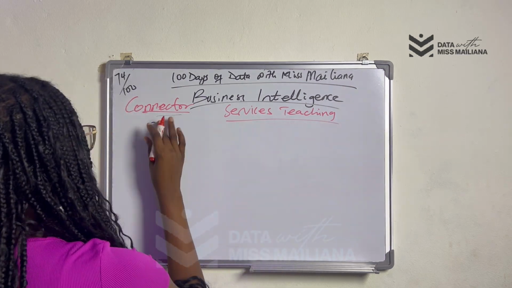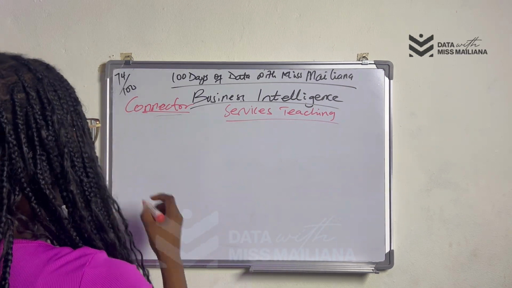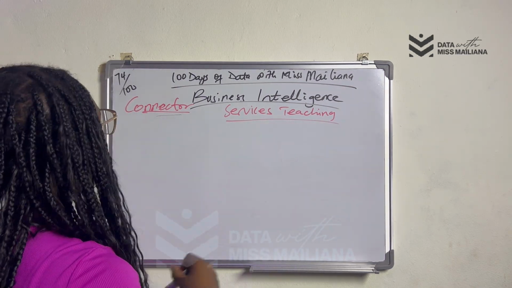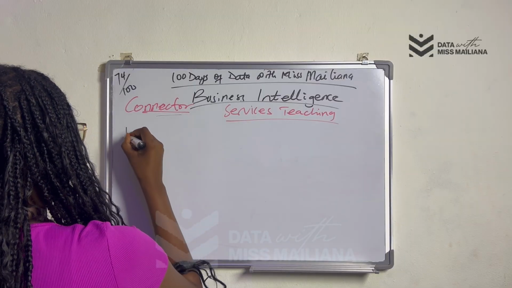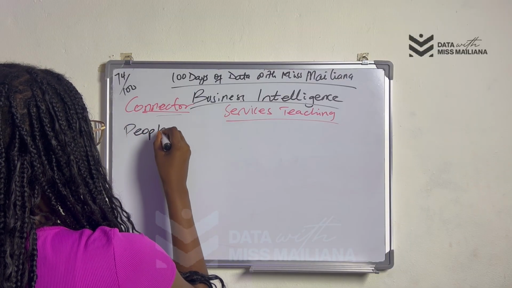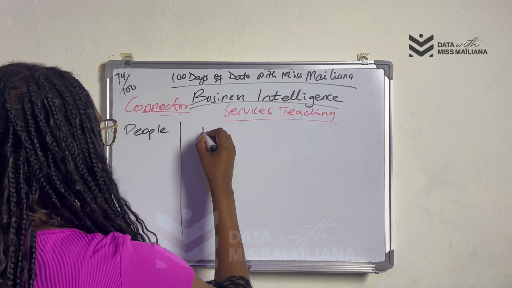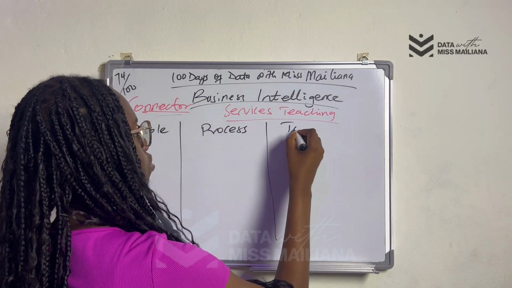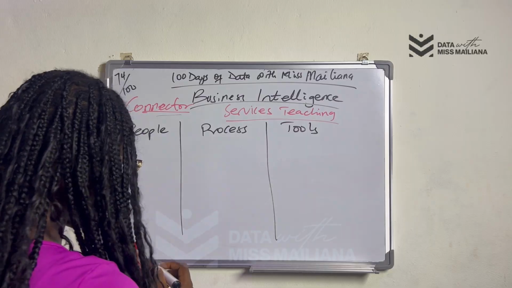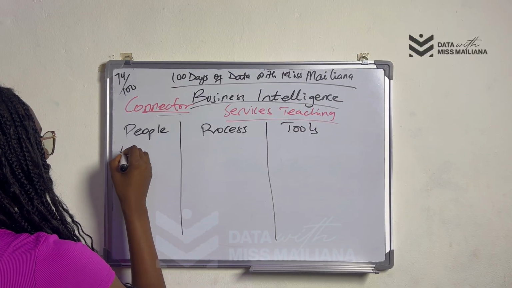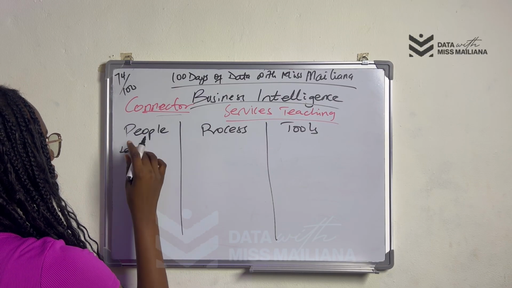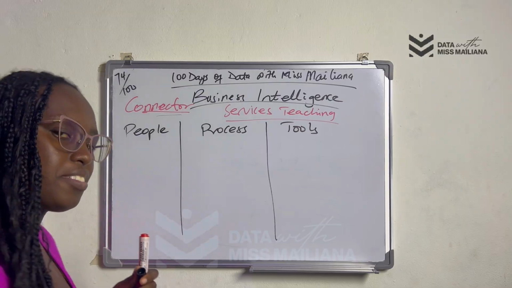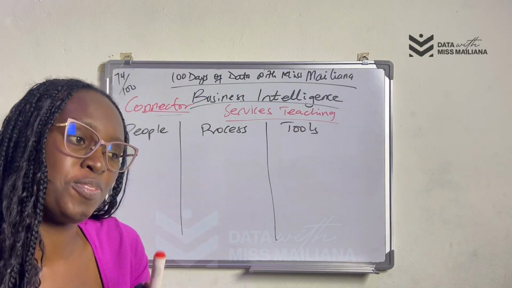Okay, so the people, the process, the tools. All right, so the people is the lead. Let's see, the stakeholder. The stakeholder is me. The lead instructor is me. Everything is me.